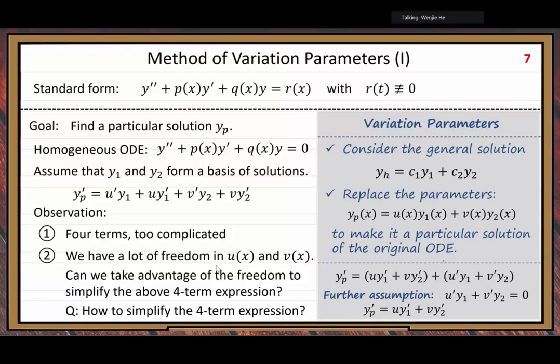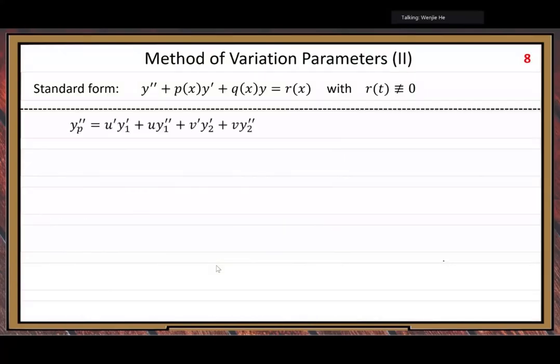But here you have two equations, so you can take the double prime of yp. Let's continue the remaining calculation. The double prime has 4 terms. Still a lot of terms, but much better than 8 terms.